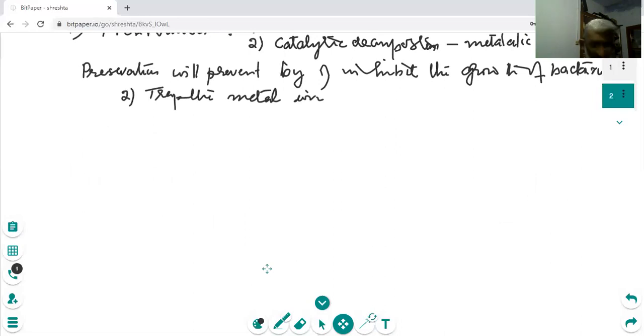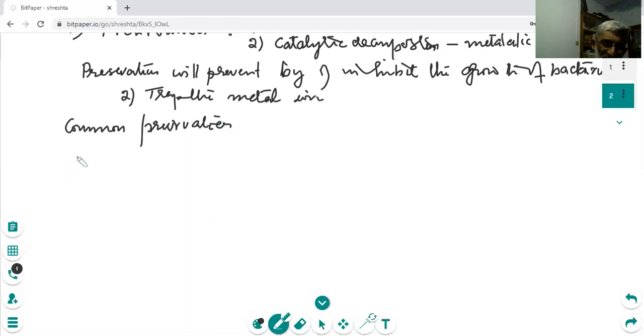Okay. Now let us look at the commonly used preservatives. What are the common preservatives? First one is sugar. You must be wondering how sugar acts as a preservative, even though it is being consumed.